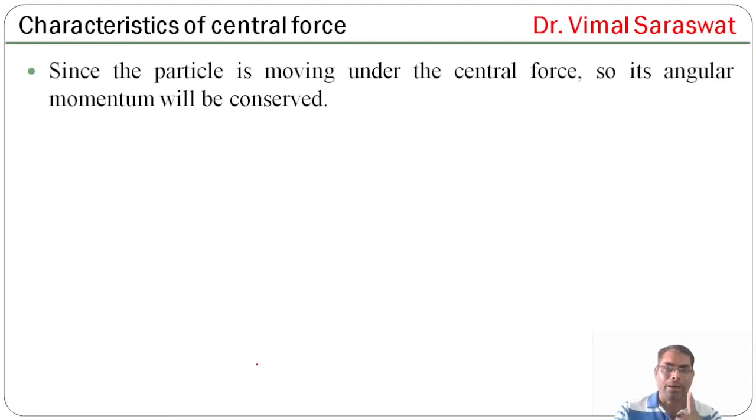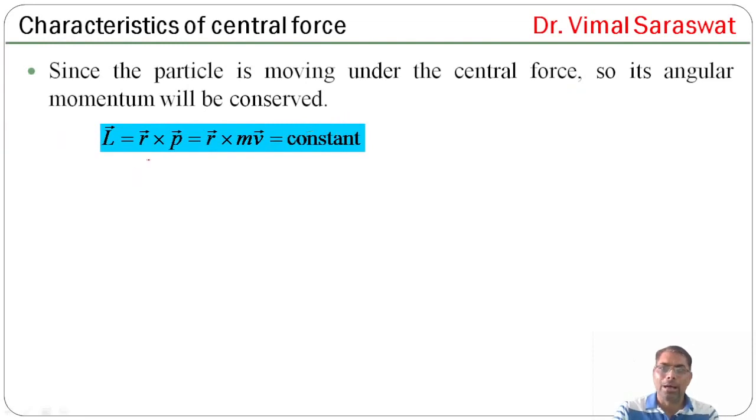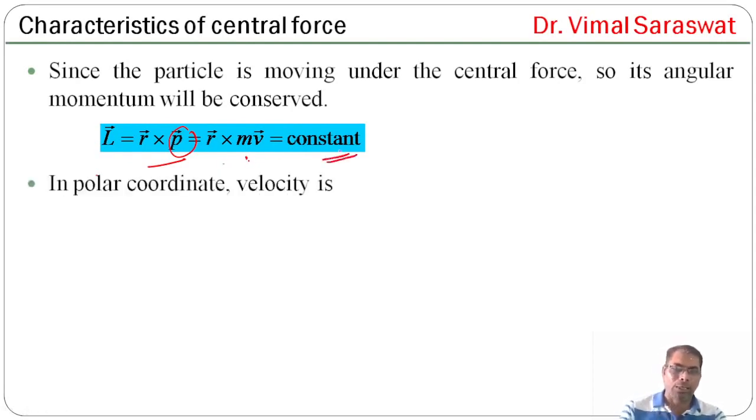Since the particle is moving under the central force, its angular momentum will be conserved, which we proved in the first characteristic. So L equals r cross P, and P is mv, and L is constant, so L equals r cross mv will be constant. In polar coordinates, velocity is given by vector v equals r dot r cap plus r theta dot theta cap.